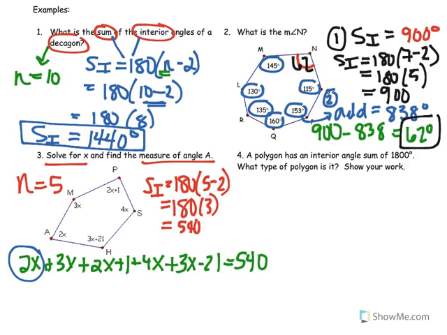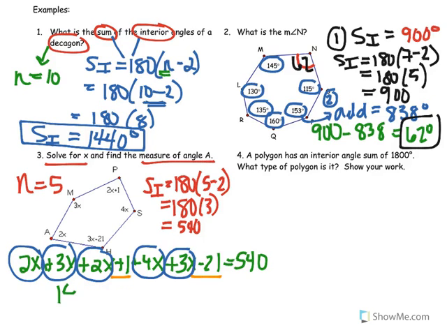Let's combine like terms. The terms with x's: 2x and 3x, and 2x, and 4x, and 3x. Let's add all of those together, and then I have a plus 1 and a minus 21. And what does that become? 2x plus 3x, that's 5, plus another 2 is 7, plus another 4 is 11, plus another 3 is 14.